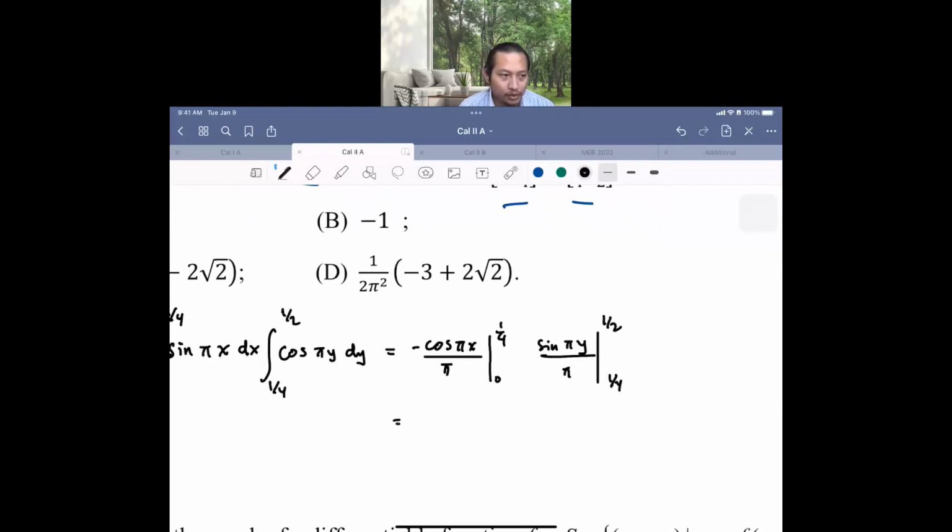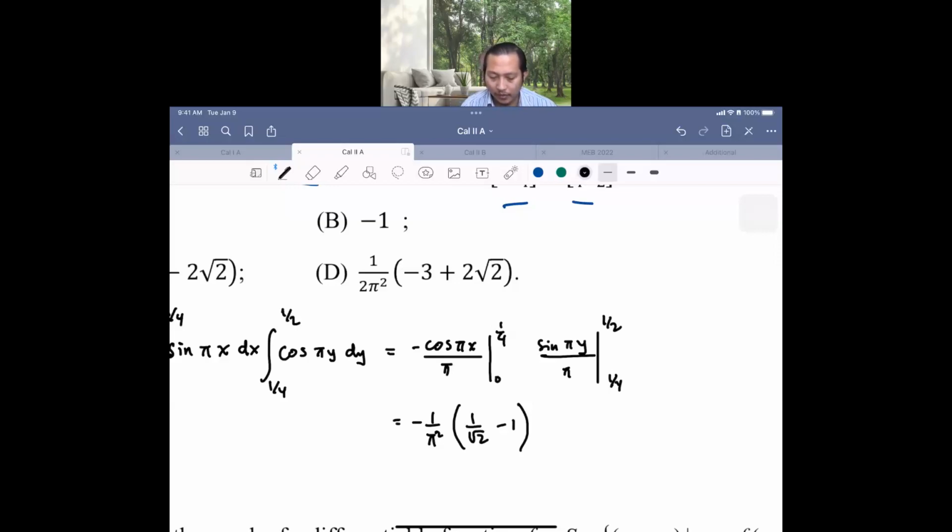Then we put in the 1 over 4, so it becomes cos pi over 4. Let me just write the direct results. This is 1 over pi squared, and this is 1 over square root of 2 minus 1. Cos pi over 4 is 1 over square root of 2, minus 1.